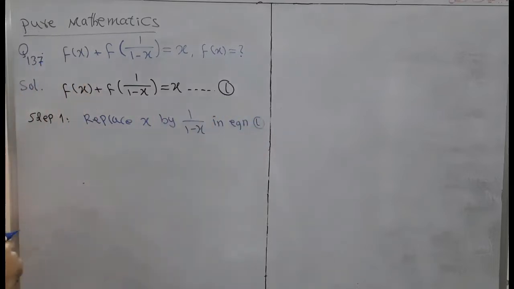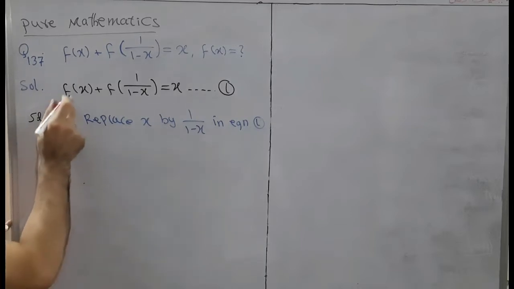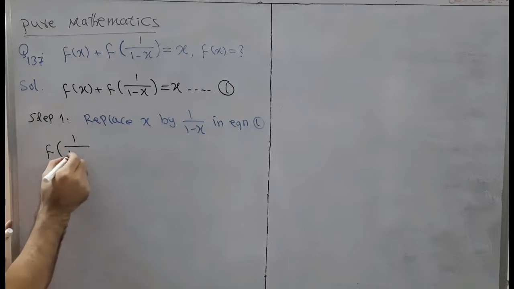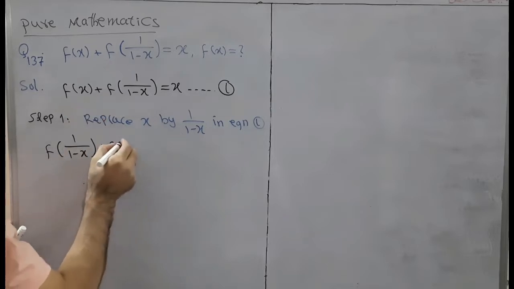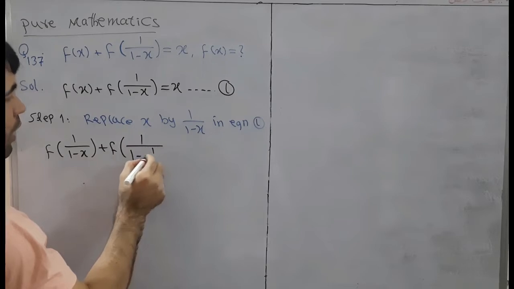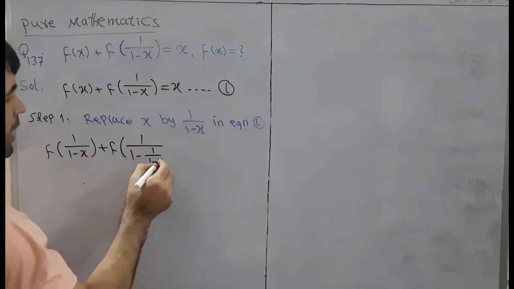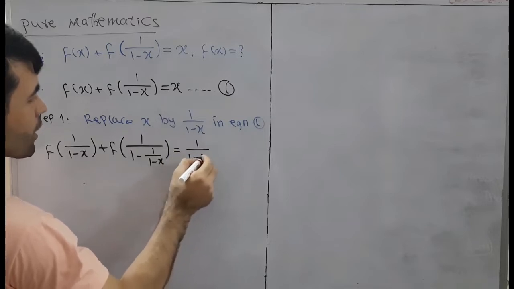In equation 1, if we replace this, we get f of 1 over 1 minus x plus f of 1 minus 1 over 1 minus 1 over 1 minus x is equal to 1 over 1 minus x.